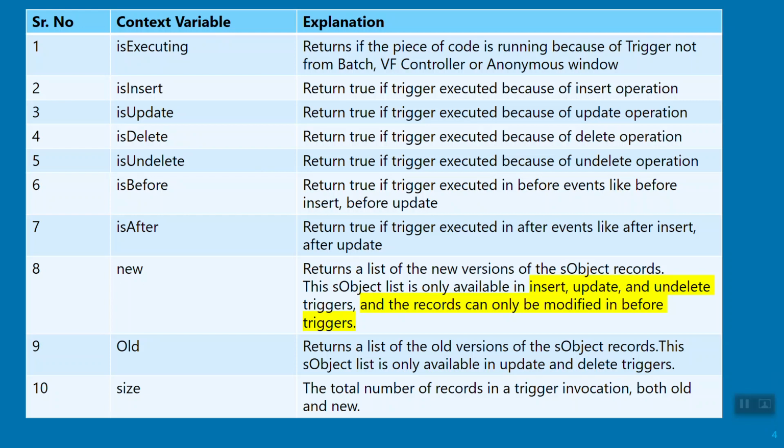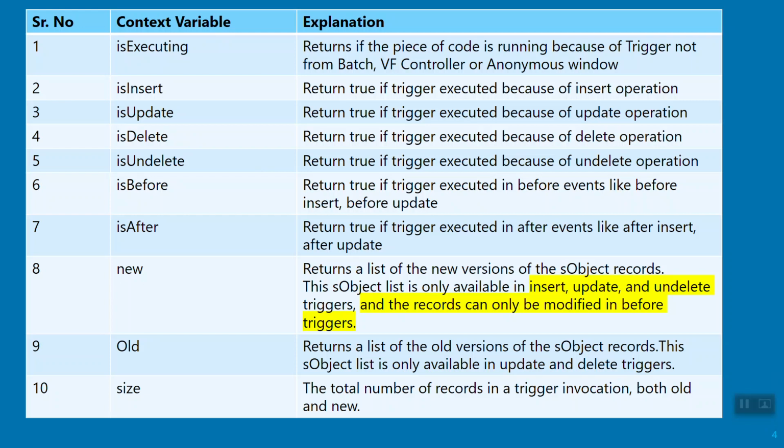In case of delete, we are just deleting the old records from the database. This is why we are not getting trigger.new in case of delete operation. And when we talk about trigger.old, it does return the old version of a sObject list. That means, let's say we are updating the name of a record: we have an account called ABC, and we are updating the name of that record to XYZ.